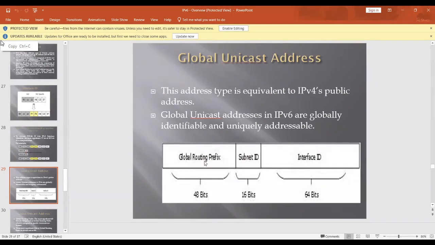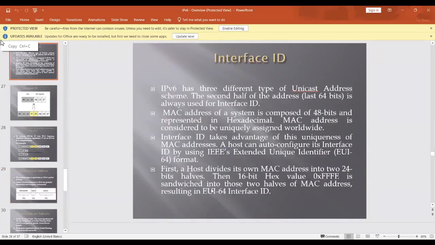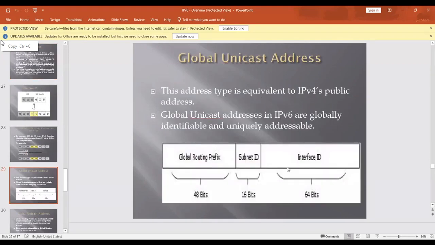Because it has a global routing prefix, which is utilized to globally identify this address. And the subnet ID is there, 16 bits utilized for that. For the global routing prefix, they utilize 48 bits, and the remaining interface ID is 64 bits. So this can be otherwise utilized with this extended unique identifier.